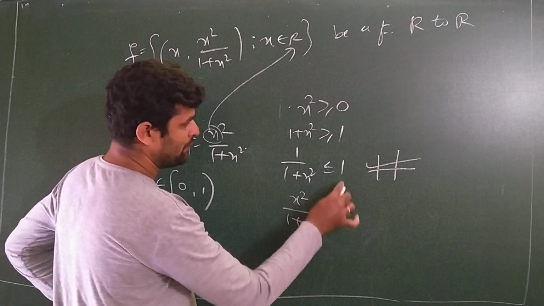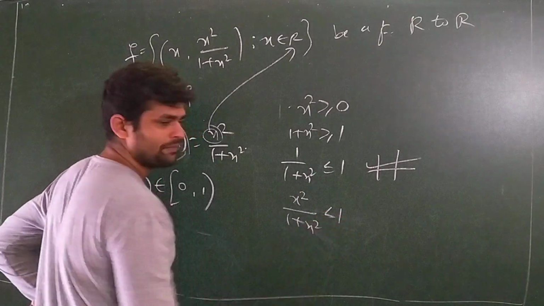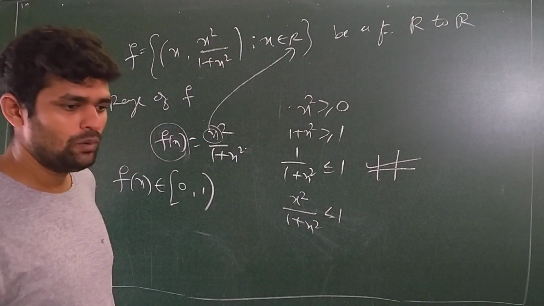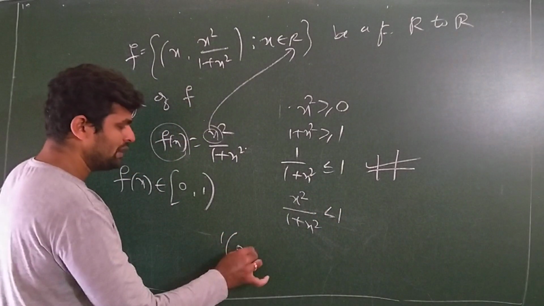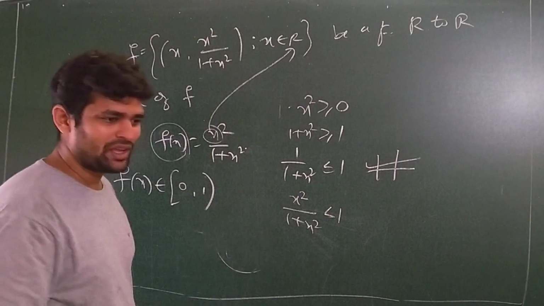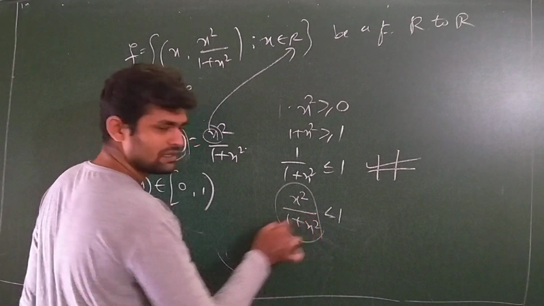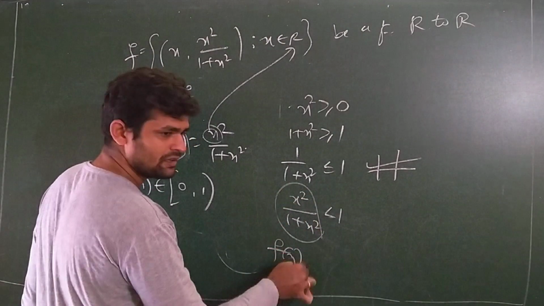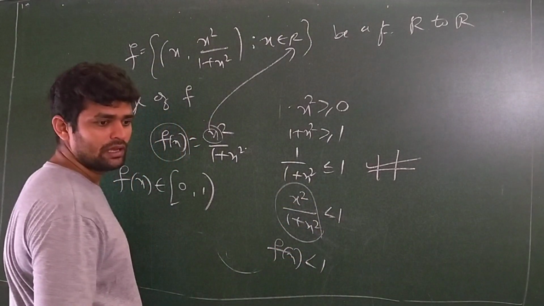For 1, if I multiply 0.1, I get less than 1. 1 into 0.1 is less than 1. Is it okay? So what is this? Is it not my f of x? Less than 1.